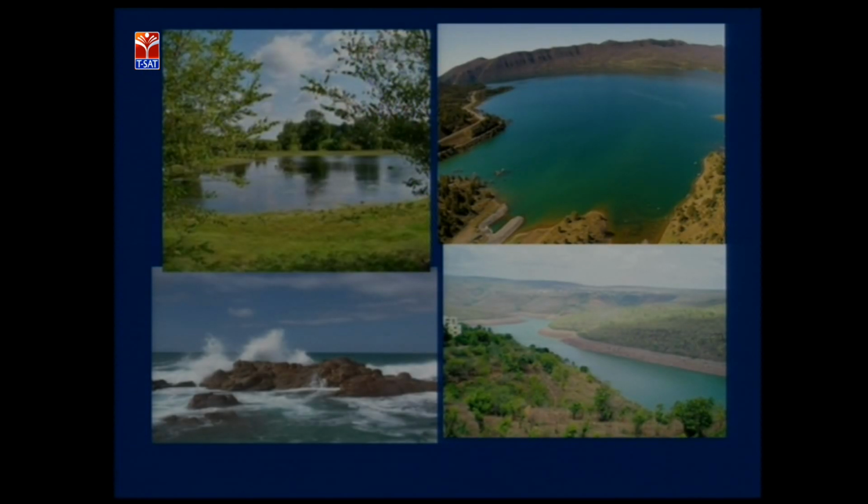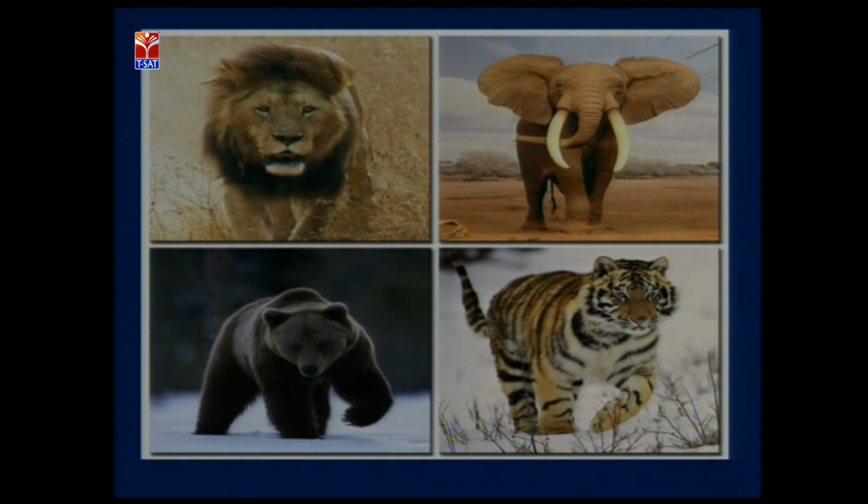You show pictures. This is a pond. Observe, there is a lake. A pond is a small area, a lake is a big area. The pond, a lake, ocean, a river. This is a river. And in this way you show pictures and introduce words to students, and show pictures of animals, wild animals, and present their names.